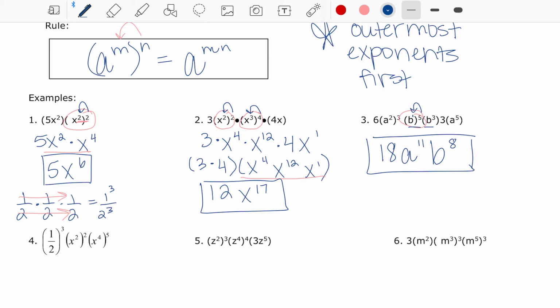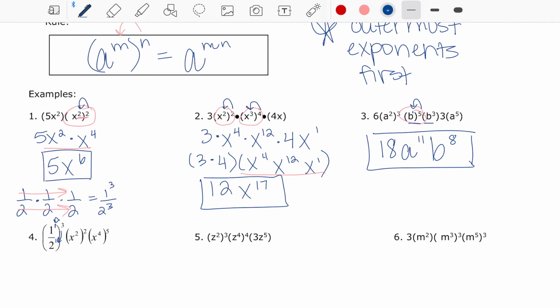So when you see your numbers inside of the fraction and you don't see an exponent, it's an understood 1. So that 3 multiplied into both of them to give us 1 cubed over 2 cubed, which we know we can simplify to 1 over 8.